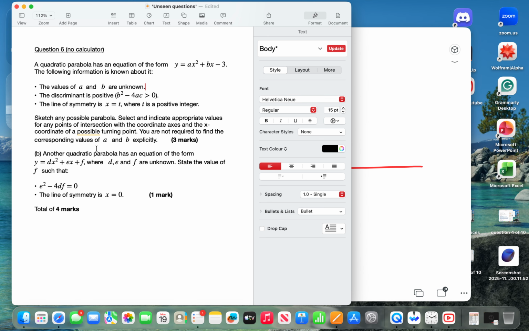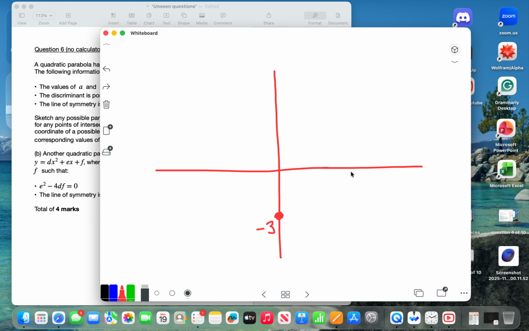The discriminant is positive. Now you know if the discriminant is greater than 0, then there must be two real and distinct roots. So the roots are the points at which it's going to cut the x-axis. So you need two distinct points at which it will cross.